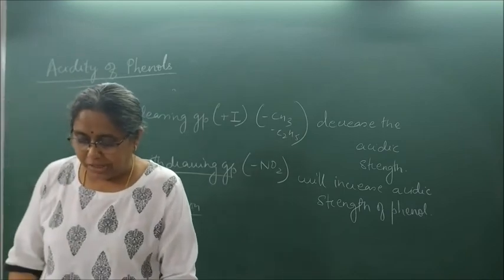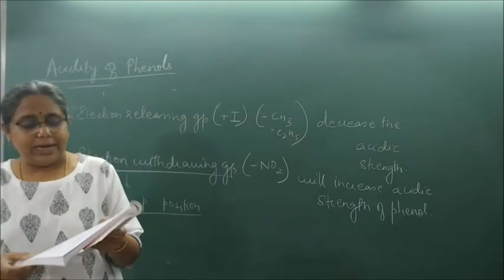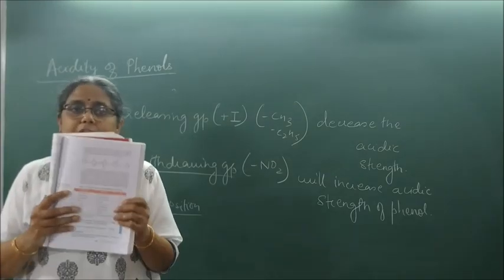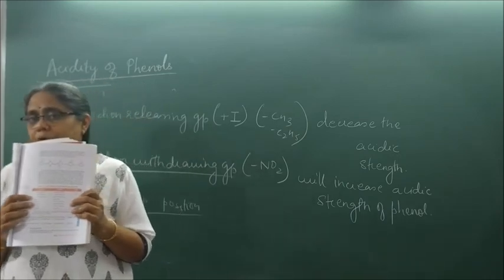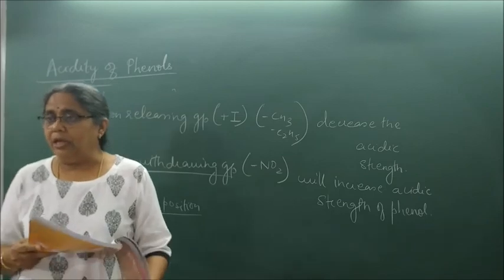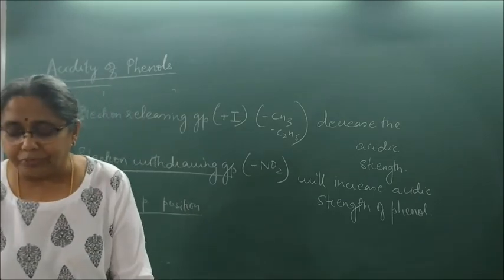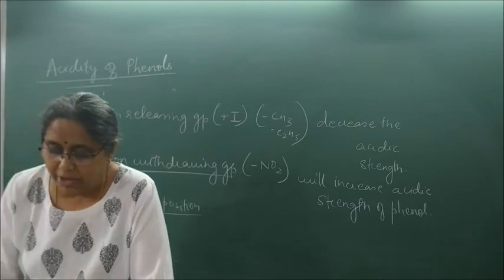Okay? Now please look here. You open your textbook and see table 11.3. Table 11.3, very important. Okay, what does it indicate? You have compounds and these compounds have their formula and their pKa value.